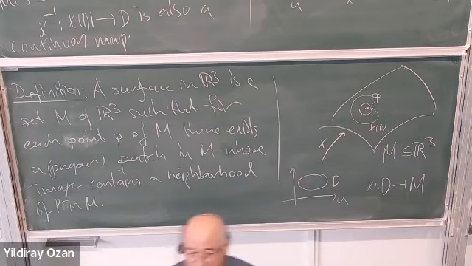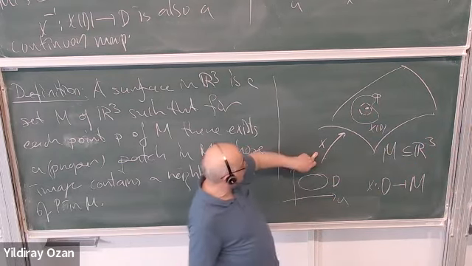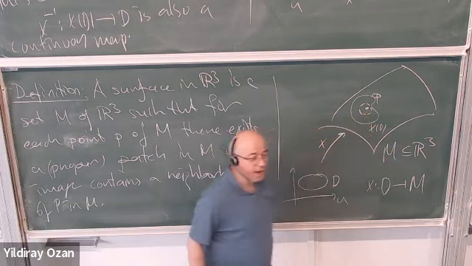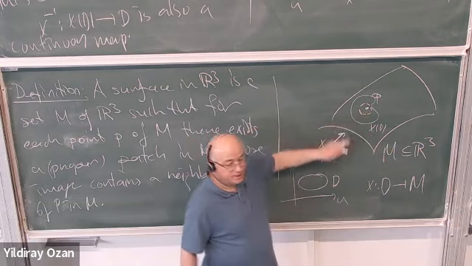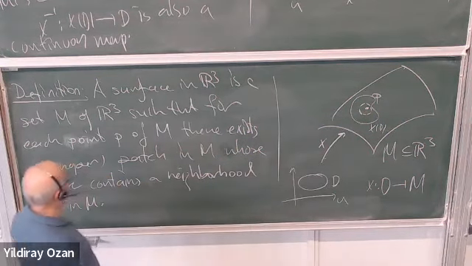If you can find such a coordinate patch for each point of the subset M, we say that M is a surface in R3.